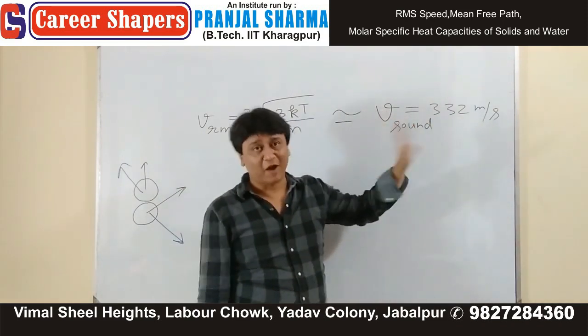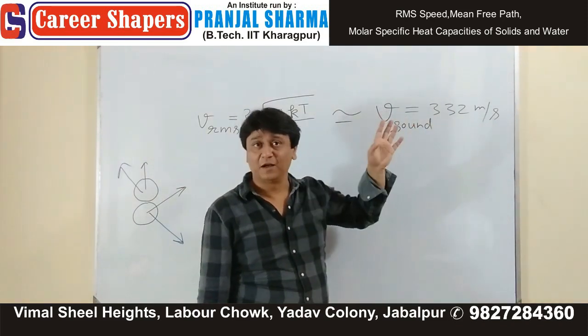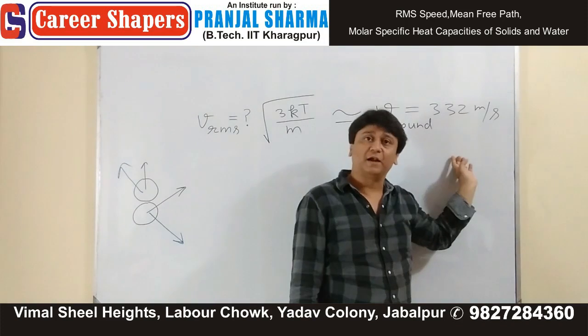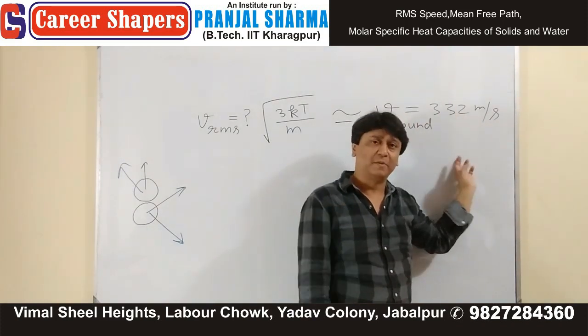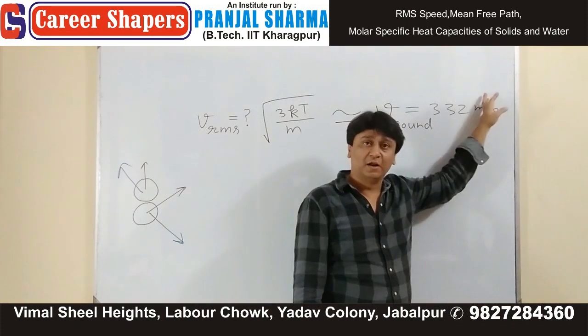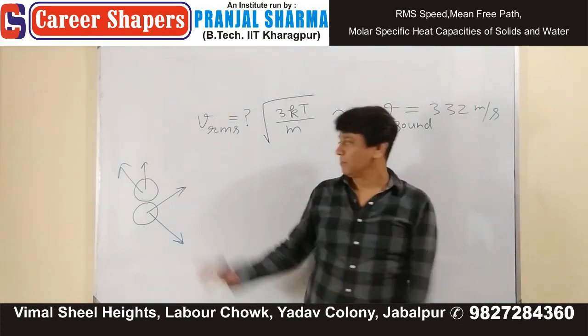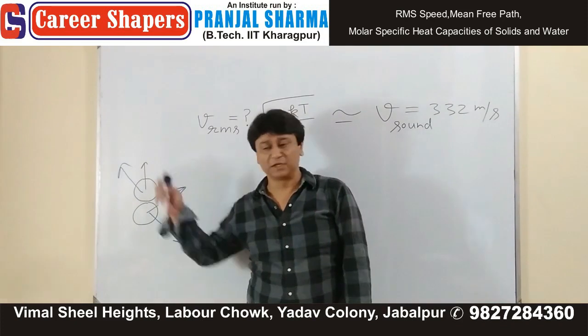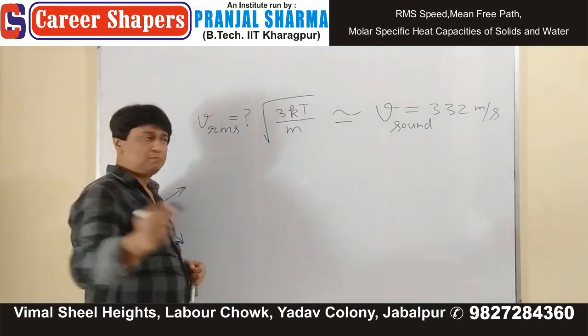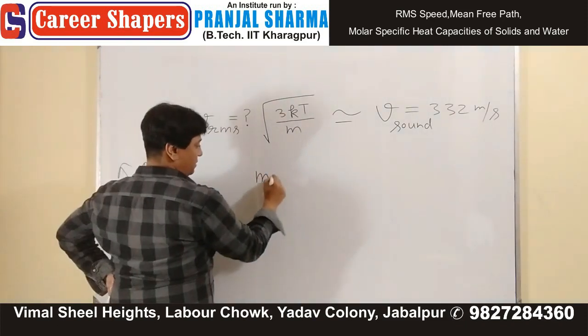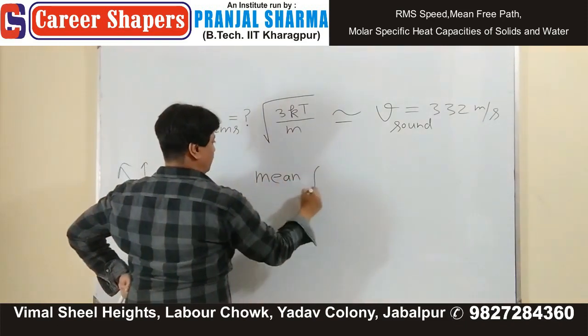They are traveling this fast, but remember, it doesn't tell you that they can travel this far. A more correct thing will be they cannot travel this far in just 1 second because of these collisions. And we have a term which is called mean free path.